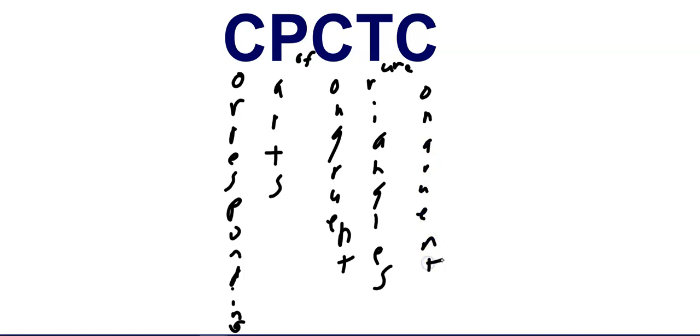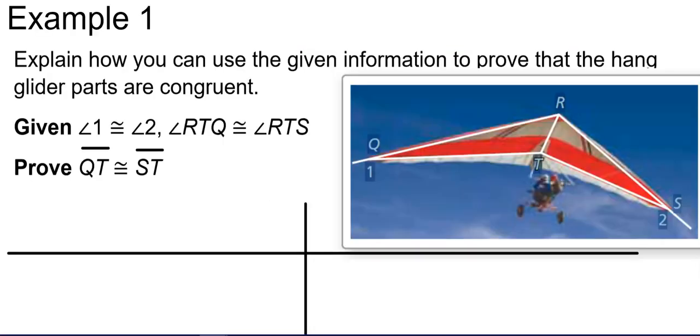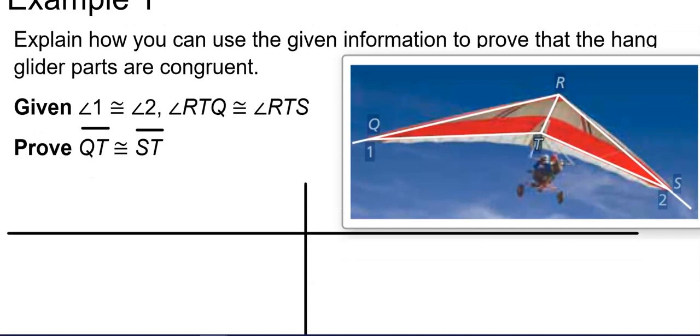So far in this unit, we have been using rules like SSS and SAS and HL to prove, based on certain parts, that the triangles were congruent. Well, we're going to go one step further now. We're going to prove triangles are congruent to each other, like we have been doing.